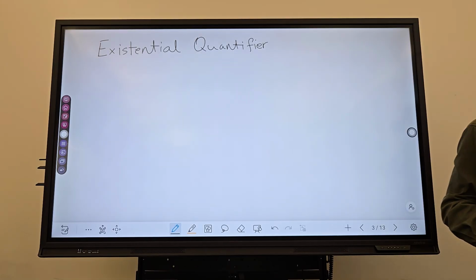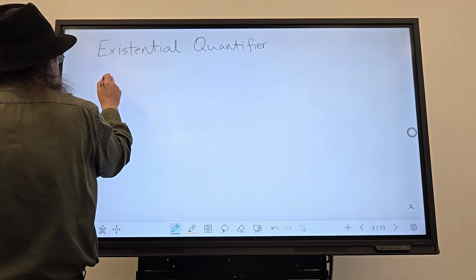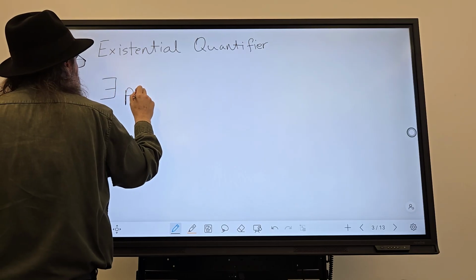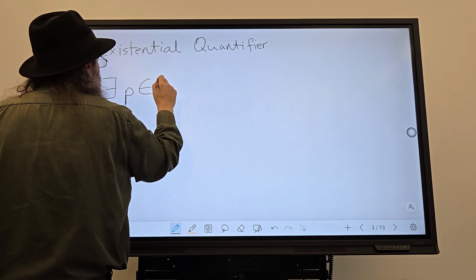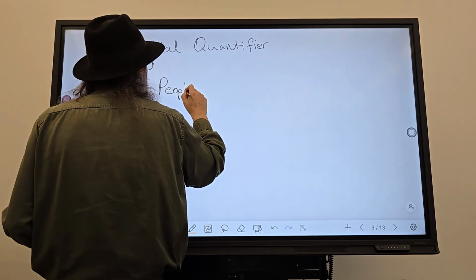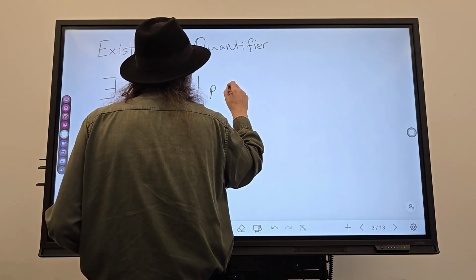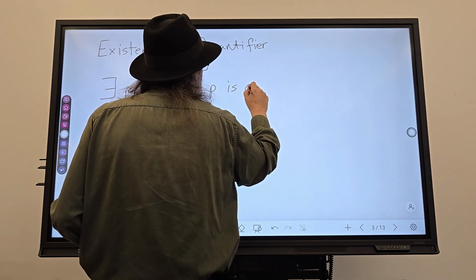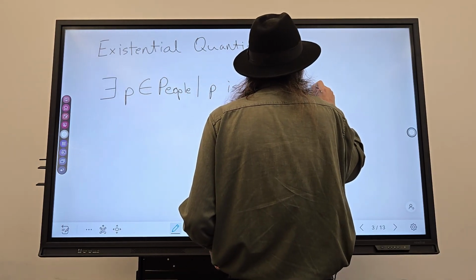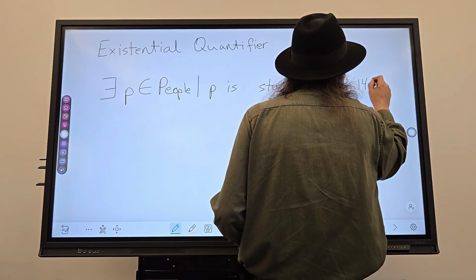There exists a P, denoted by the upside down E, there exists a P, which is an element of persons, people, such that P is a student in Math 140.